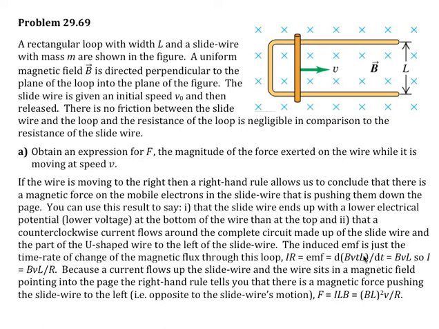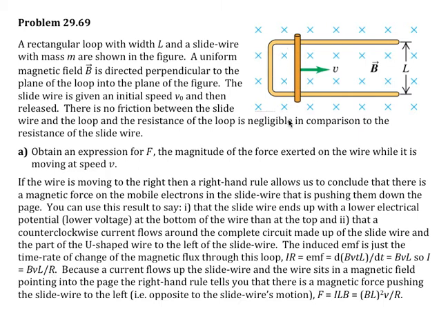The area is the length L times velocity times time. So the derivative of that is just the EMF equals the magnetic field times the speed times the length. And that EMF is equal to IR, so you can solve for the current.